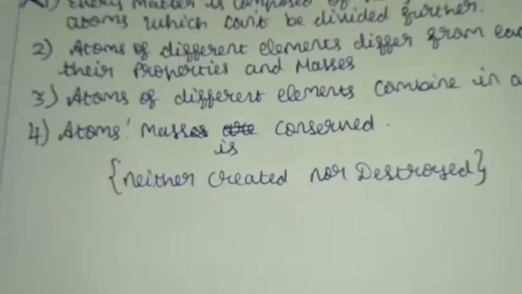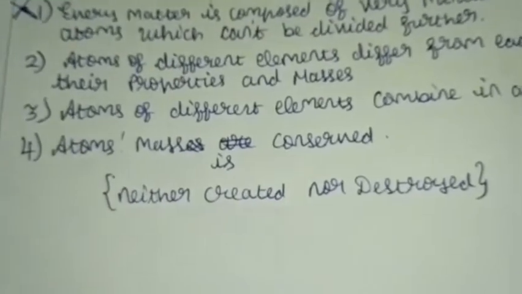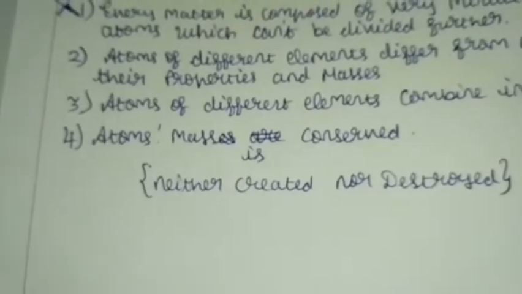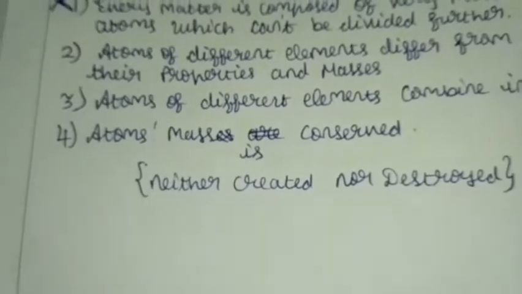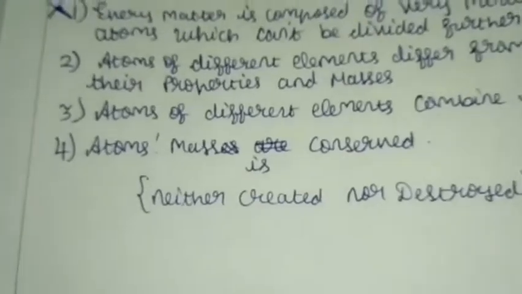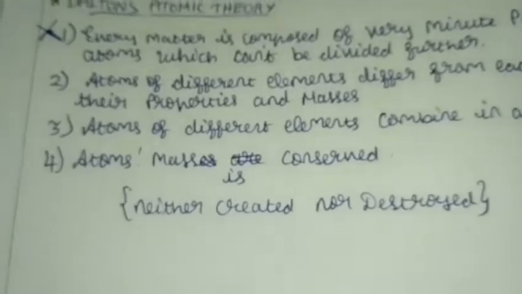Like energy is always conserved, the masses of atoms are also conserved. That is, they can be neither created nor destroyed. But in these days, this point is also proven wrong.